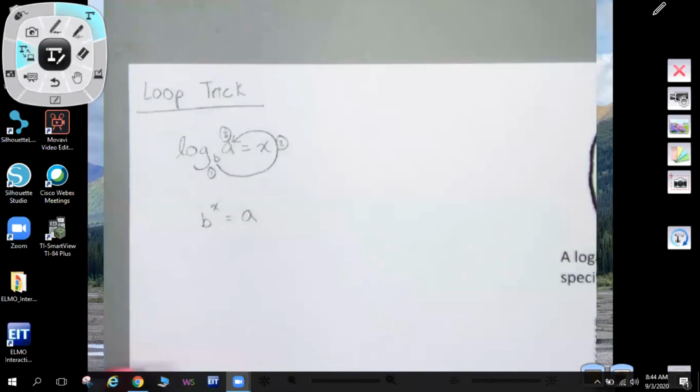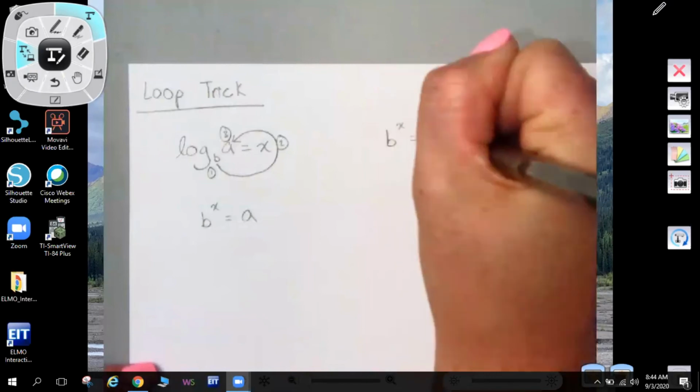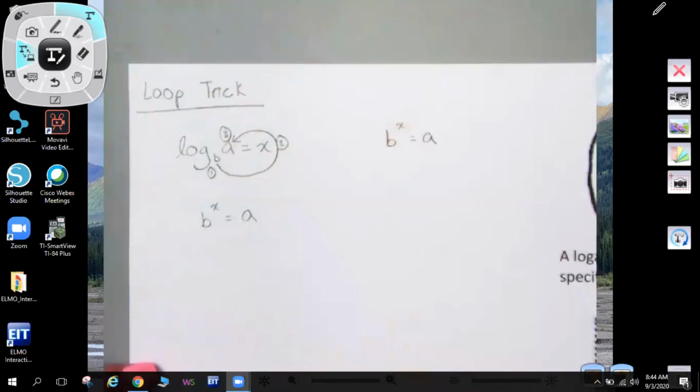Okay, the loop trick also works if you're changing from exponential form to log form. So let's say we start with b to the x power equals a, and we want to change this to logarithmic form.